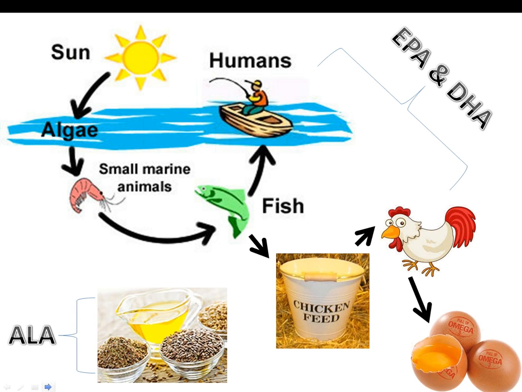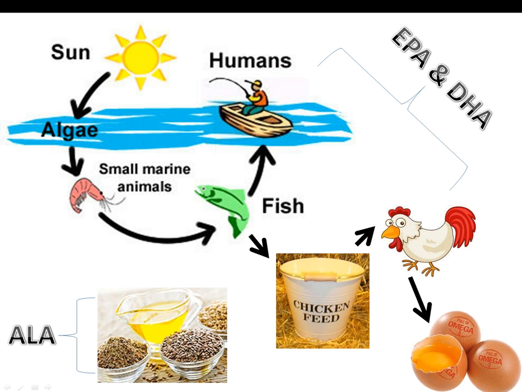To just remind you where we get omega-3s from, you see in the bottom left-hand corner ALA, alpha-linolenic acid, and these are the plant-based omega-3s. That's flaxseed and canola oil and other oils. That is much less bioavailable than the eicosapentaenoic acid and the docosahexaenoic acid that come from marine sources.